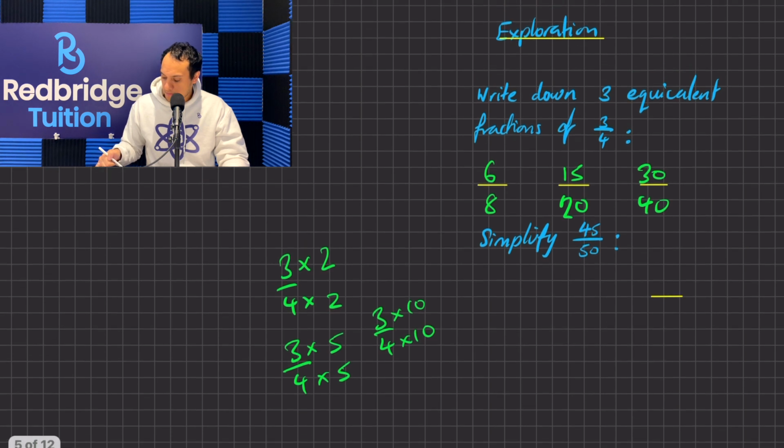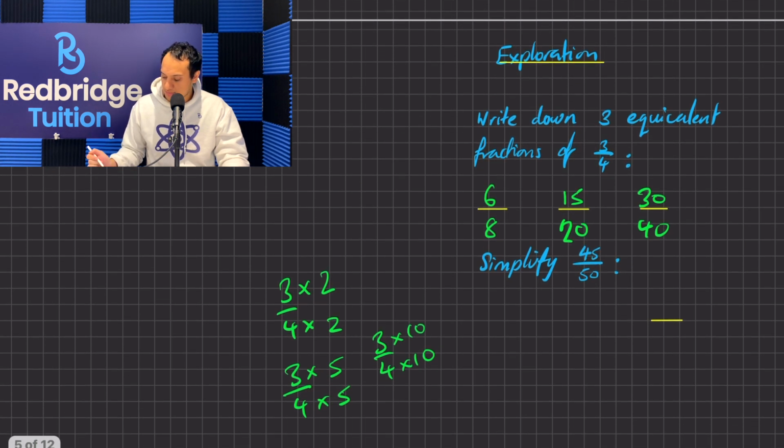Let's look at the second one. With this one, it's got simplify 45 over 50. So in this case, we've got to cancel the fraction down into its simplest terms, which means we've got to find the highest common factor of both 45 and 50.